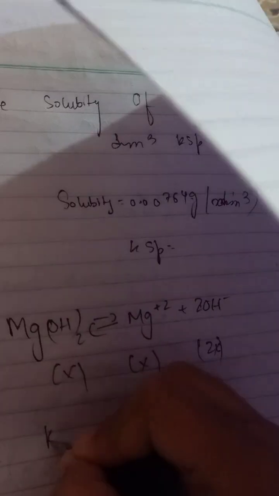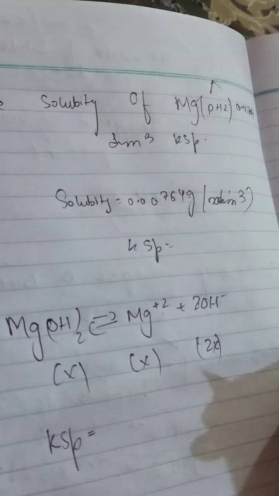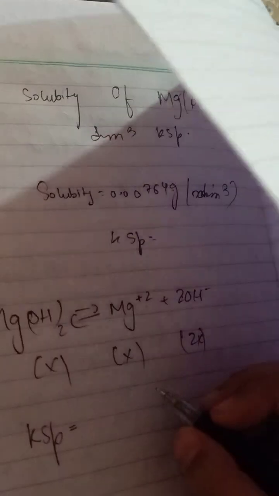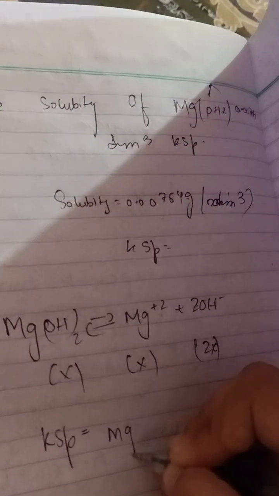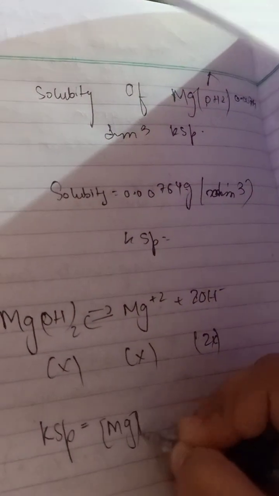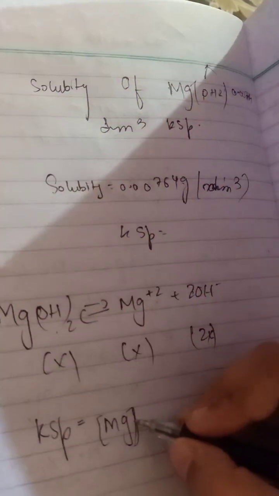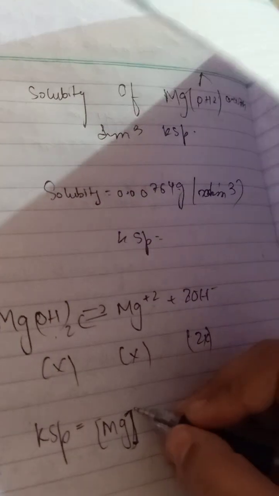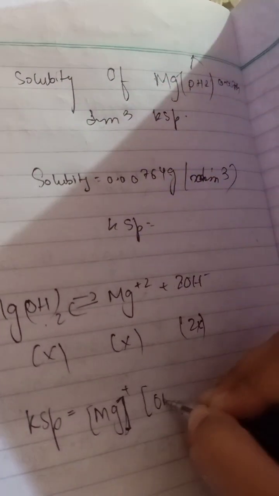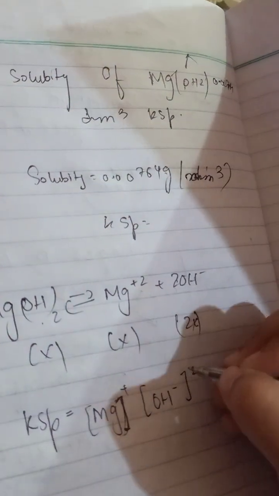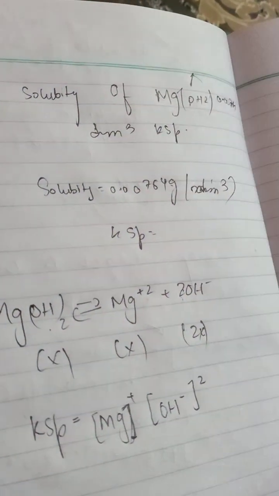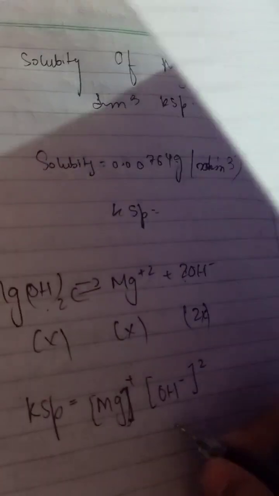So we can write Ksp is equal to Mg plus times OH minus, squared. Here we have written the 2, which is the coefficient.